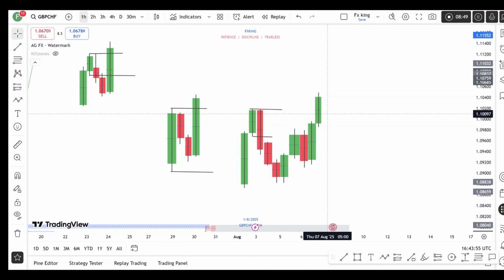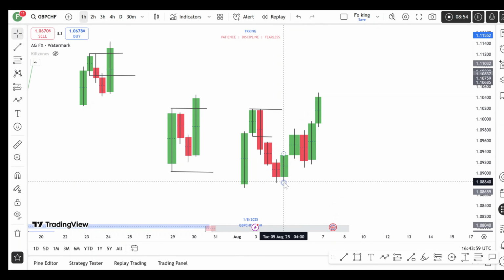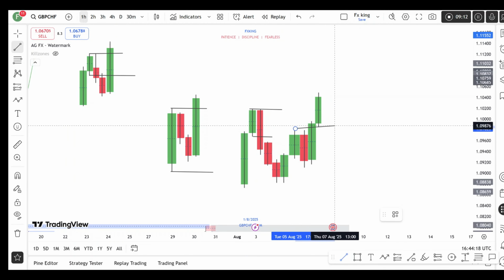Now what I wanted us to talk about was this pullback here as well. If we start looking at these pullback scenarios from this low, we have this highest candle whose low never got taken out, and then this highest candle whose low got taken out and the high also got taken out. If I mark that out, we illustrate it with a line like this.